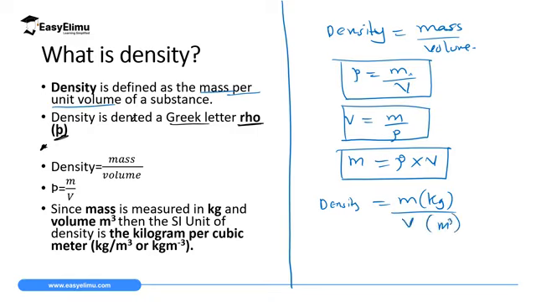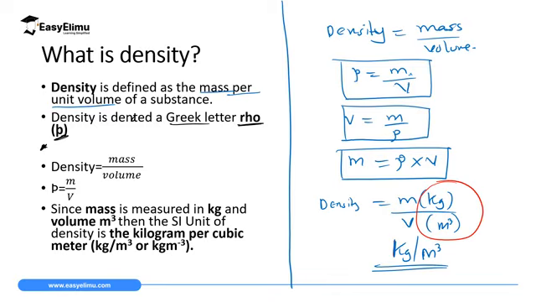Then if we need the SI unit, we will use the two units of mass and that of volume. Then the SI unit in this case will be kg per cubic meter, which is written as kilogram per cubic meter, like that.